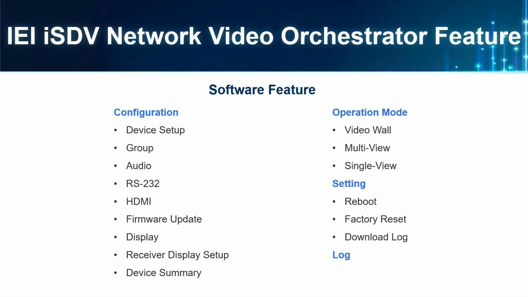In operation mode, users can configure the mode according to their needs, including video view, multi-view, or single view. In setting and log options, users can command the system to reboot, reset, or download logs, and check the log in each system remotely.